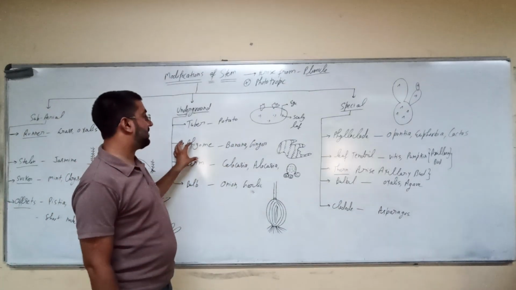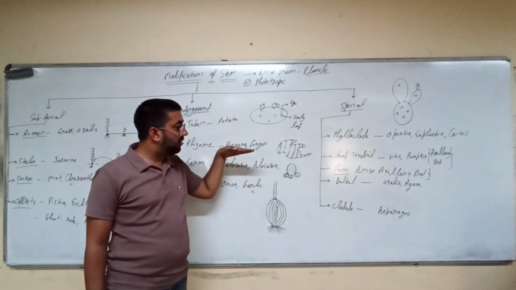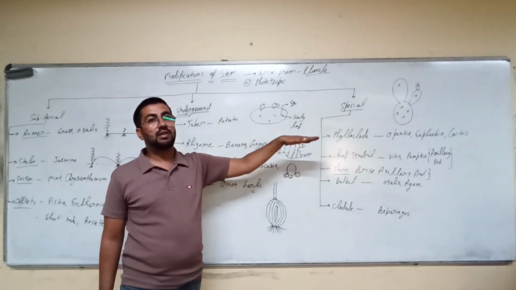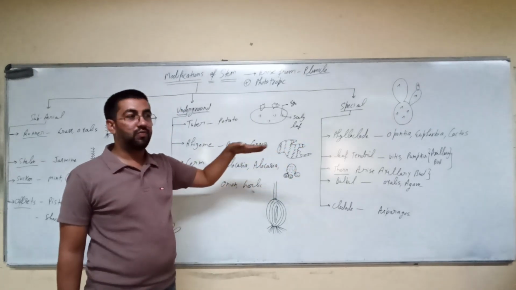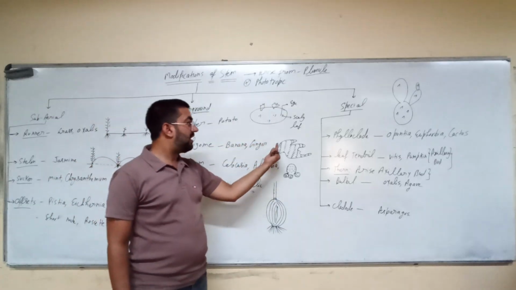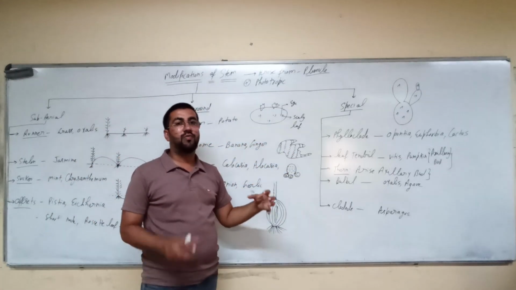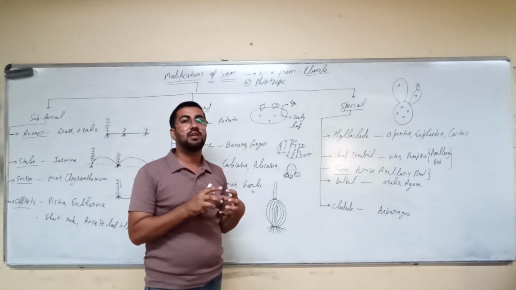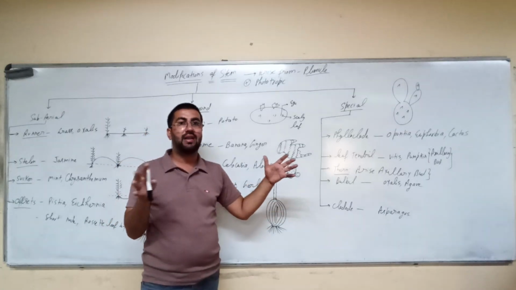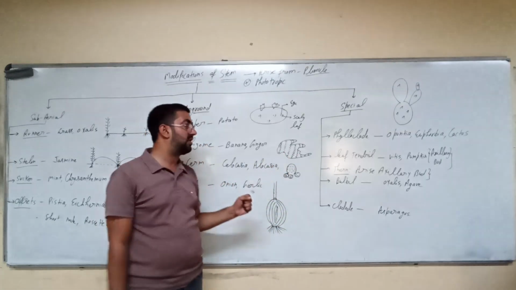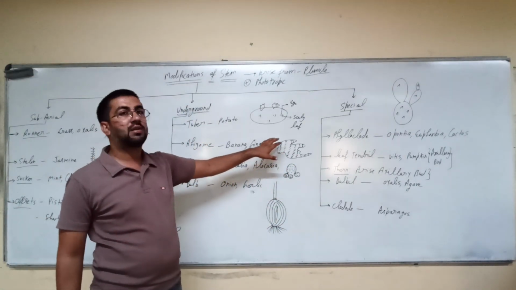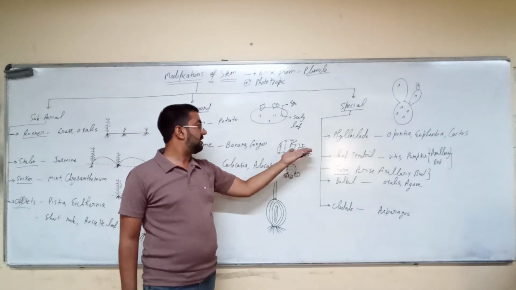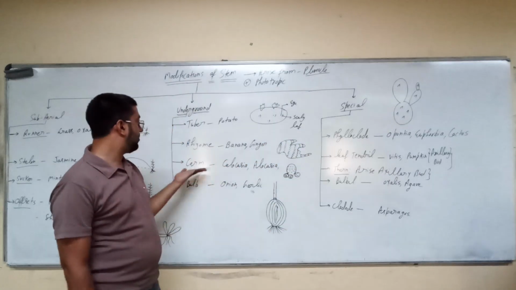Again, a modified stem which moves horizontally along the soil, and they have short nodes and internodes which are compactly arranged to each other. They do not expand very loosely, they are compact. Example, banana, ginger, you can say turmeric also.